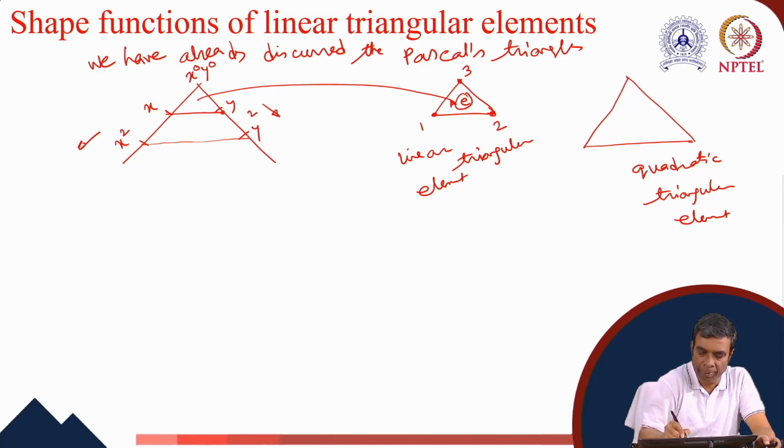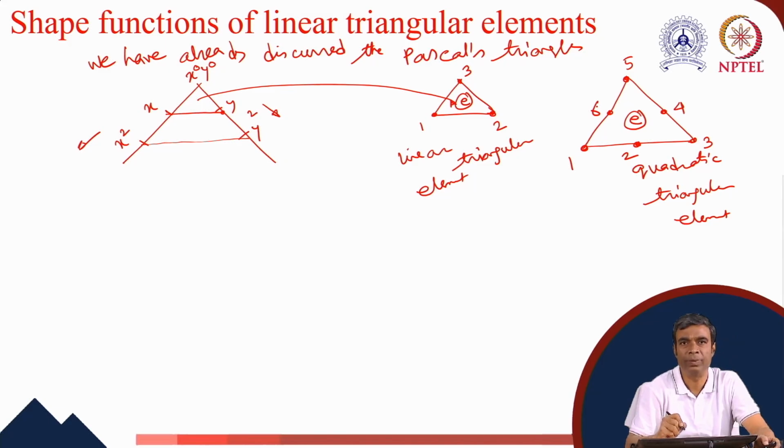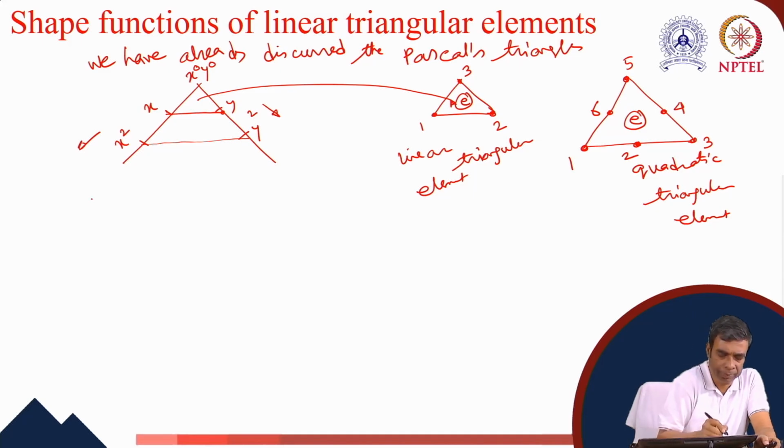So this is element E, this is also element E. Its nodes are 1, 2, 3, 4, 5 and 6. In today's class, we shall consider the linear triangular element in the global coordinate system, and we shall find out its shape functions using its global coordinate data.